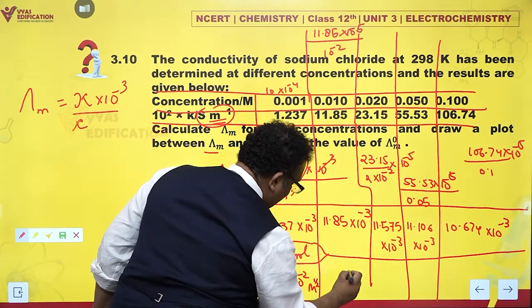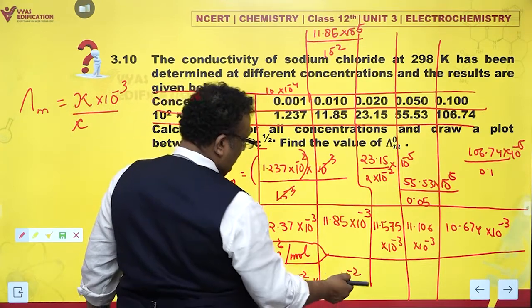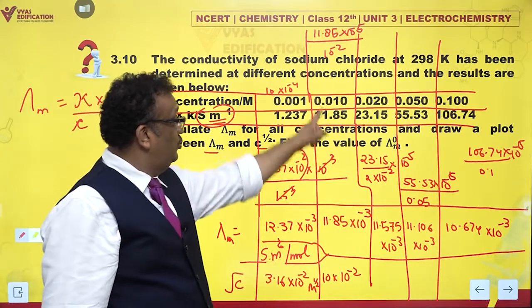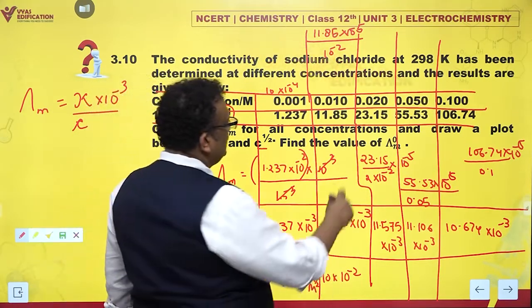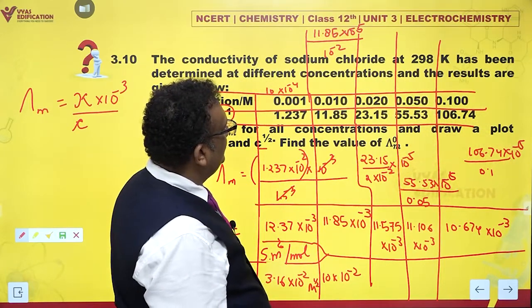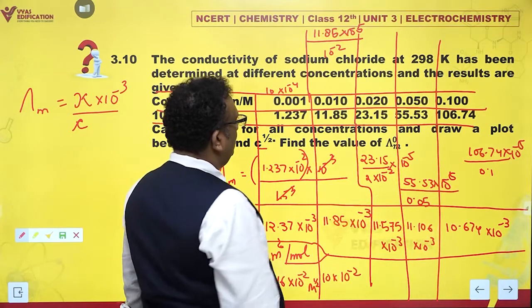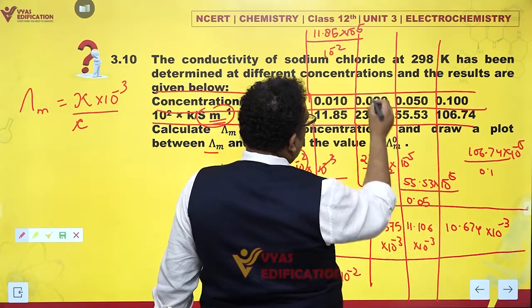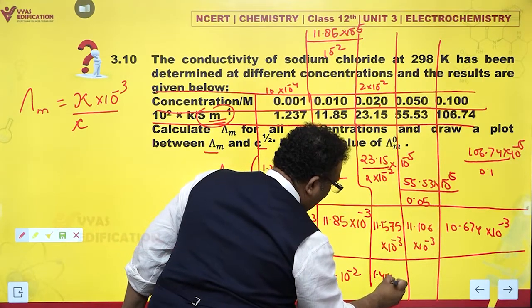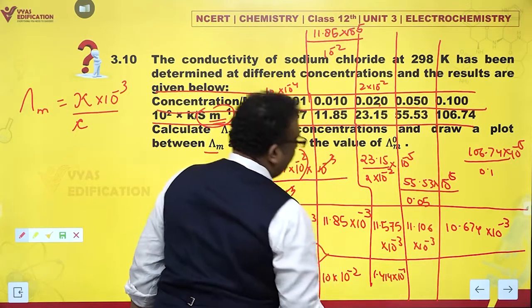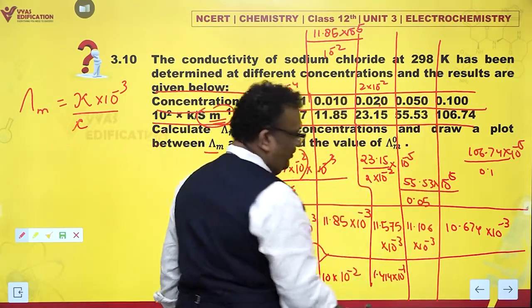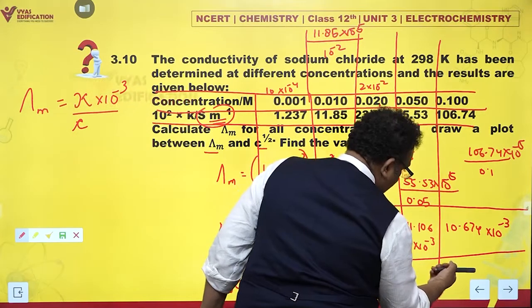This is simply 10 raised to minus 1, which is 10 into 10 raised to minus 2. This is root c. What about this? This is 2 into 10 raised to minus 2. If I take a square root, 1.414 into 10 raised to minus 1. This is root of 5, 2.23.